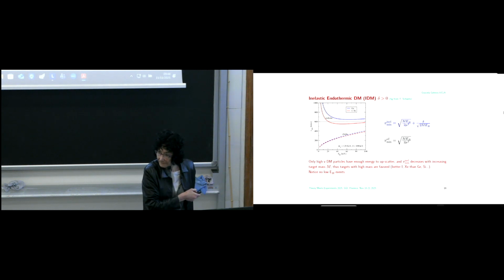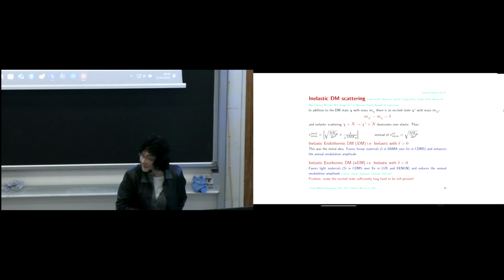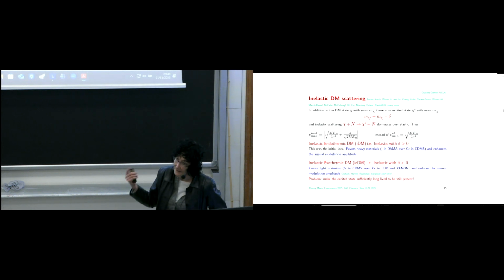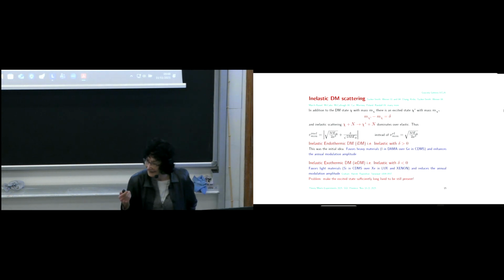Exothermic means that the dark matter around us is in a sort of excited state, no? The problem with exothermic is that you need to make the excited state sufficiently long-lived. Not all of it may be in the excited state, but you should have an excited state that is around as a non-negligible fraction of the dark matter, and then you will have that.